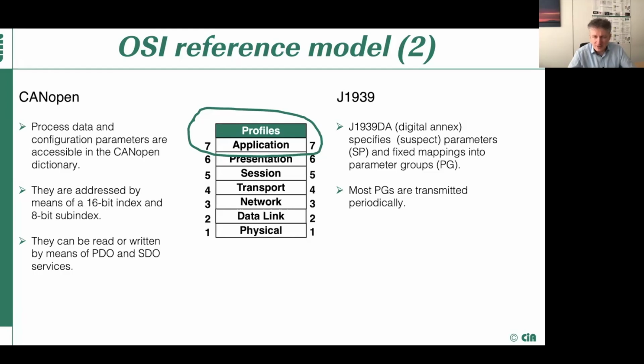This is a database of indexes and sub-indexes. I can assign a parameter to them. In contrast to this, J1939 doesn't have this. It relies on fixed entries for the process data, which are hardwired into the frame used in J1939.